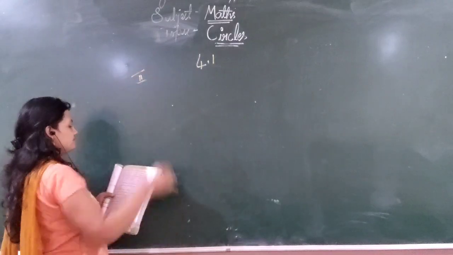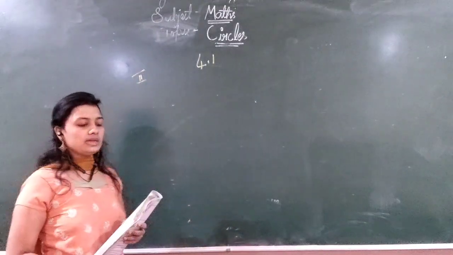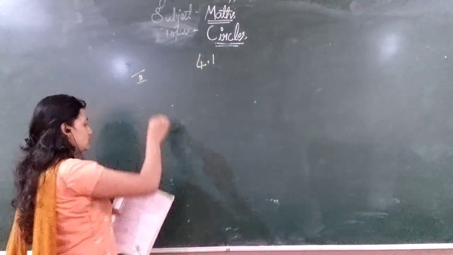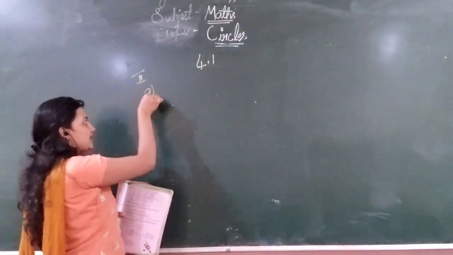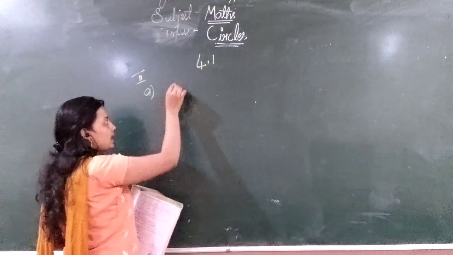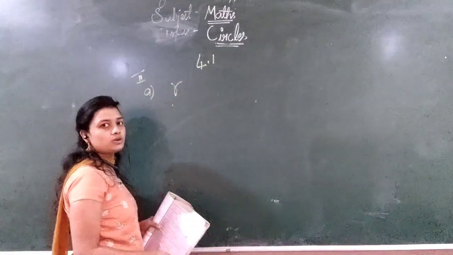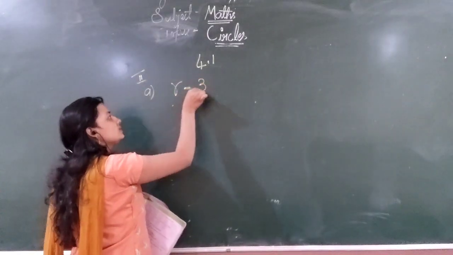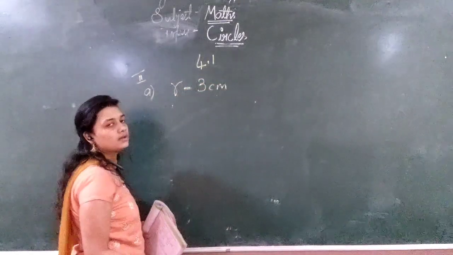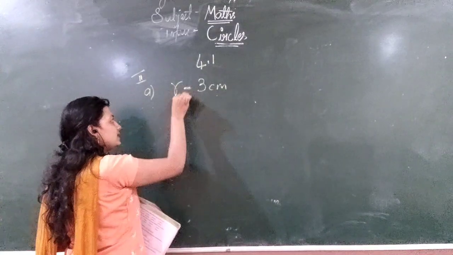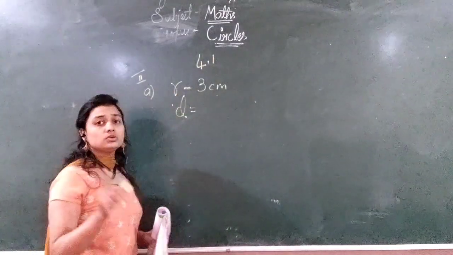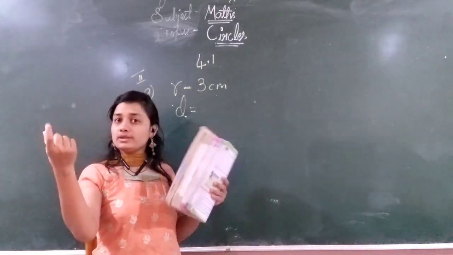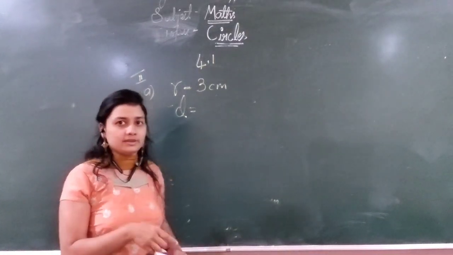Second question: find the diameter of each of the circles whose radius is given. Let us write the given first, A. Radius is given, so I will write it in short form: radius R is equal to 3 centimeter. Now what should we find? We should find the diameter. You already know, if I double the radius, I get the diameter.